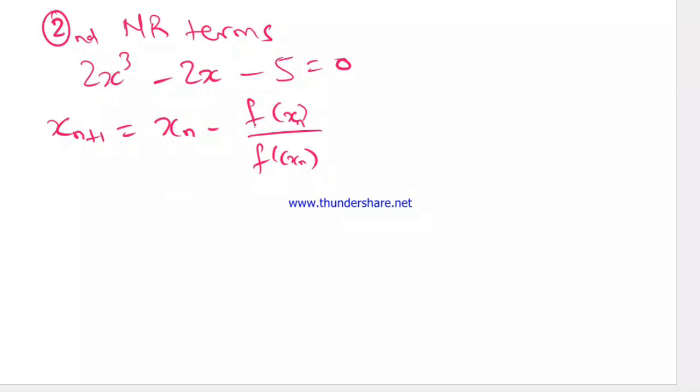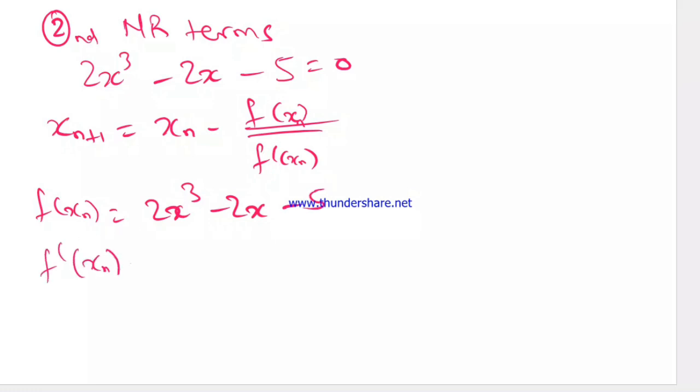To compute this, f of xn is the same as the equation, so f of xn is equal to 2x cubed minus 2x minus 5. And f prime, which is the differential, will be equal to 6x squared minus 2. So let's now go to the third step, which is to iterate.